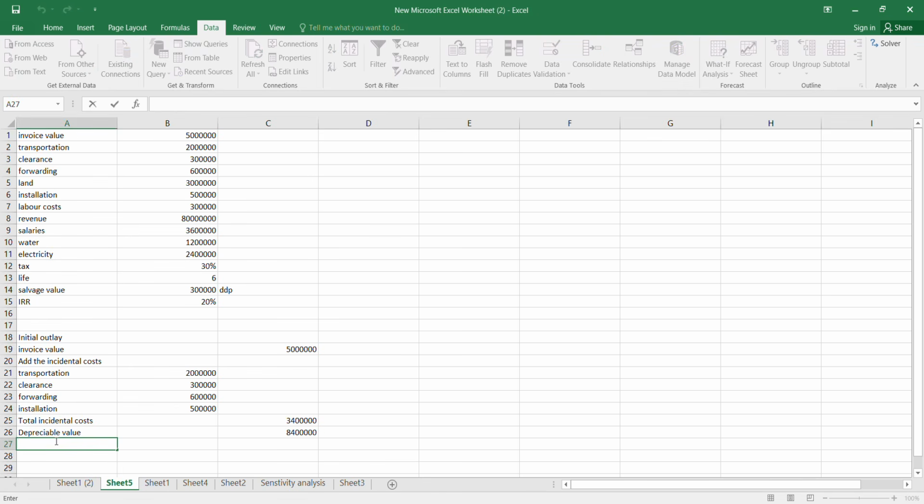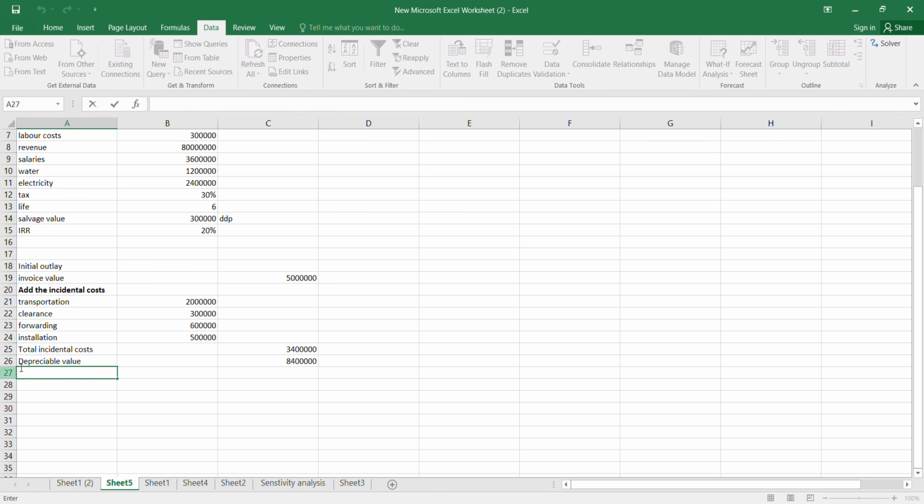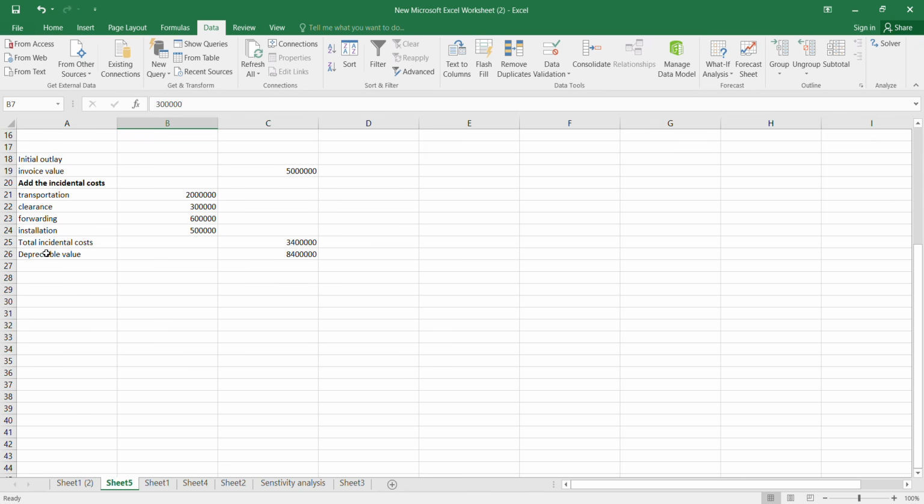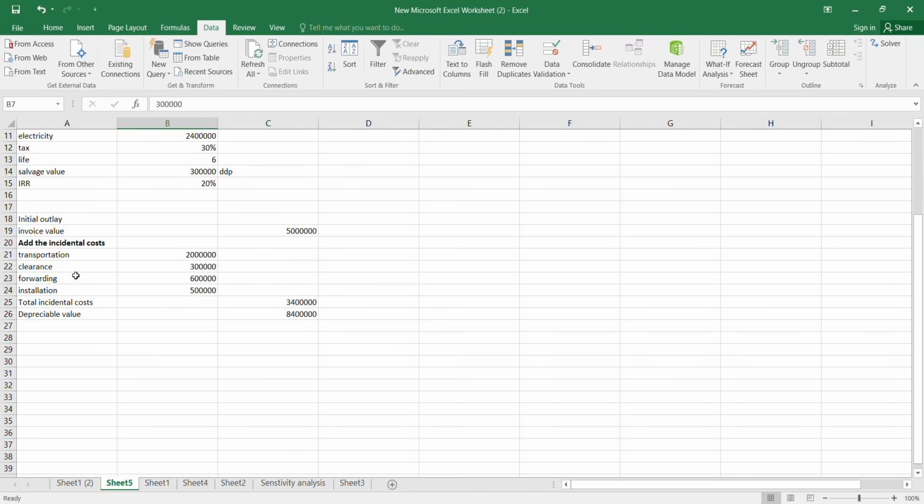Now we continue with our question, and after this we shall add any increase in working capital. We have an increase in working capital because they said our labor costs will increase by 300,000. So we add it.